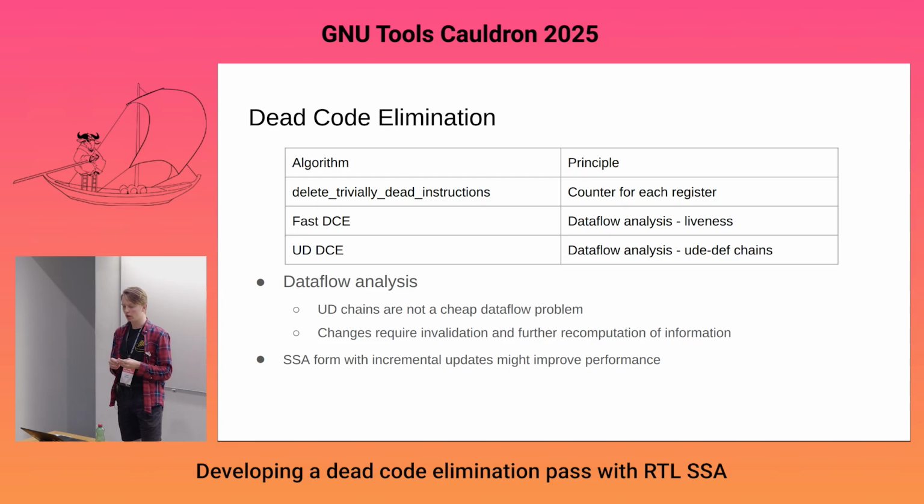We aimed mainly to replace the third optimization pass, called useDef dead code elimination, which uses useDef chains. And they are not really a cheap data flow problem, so it was interesting to try the new framework and implement dead code elimination.